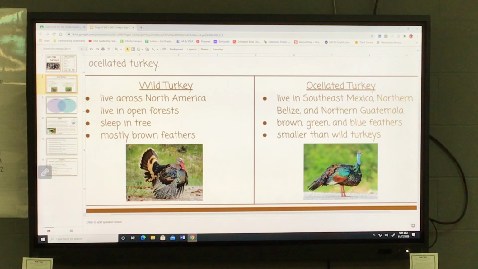Very good. Smaller than wild turkeys. Jenny? More color around. Yep, we just said that they have the brown, green, and blue feathers. Where do they live? Do they live in the same place as wild turkeys? No. No, where do the ocellated turkeys live? They live in southeast Mexico, northern Belize, and northern Guatemala. Okay, so those are all the differences.